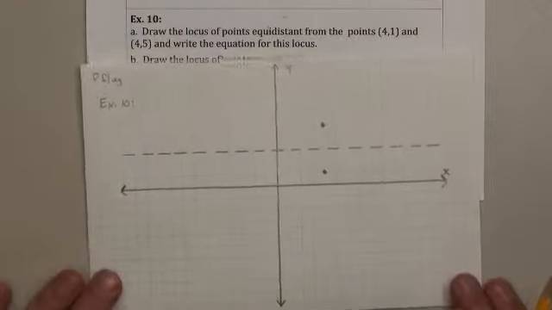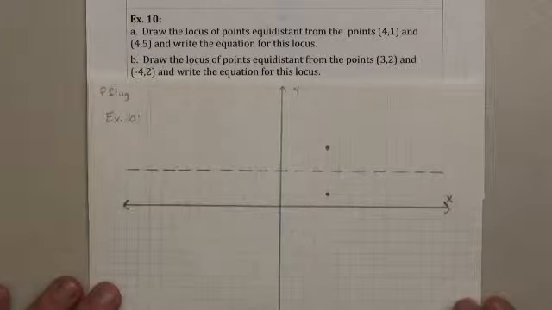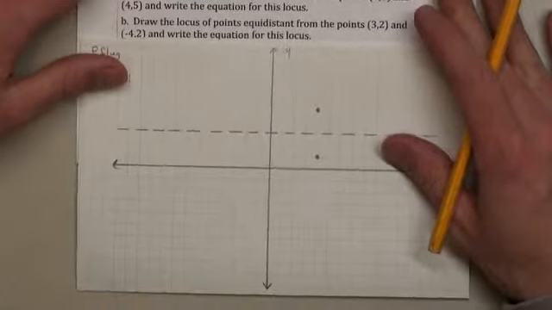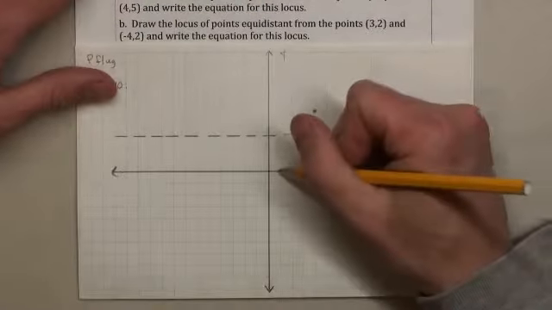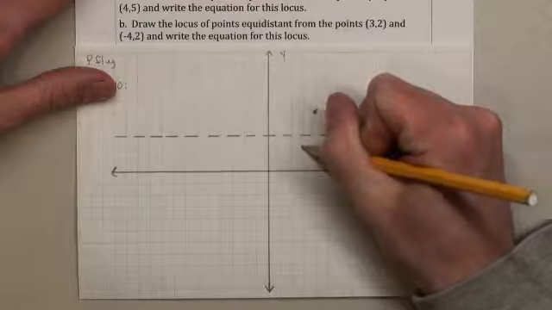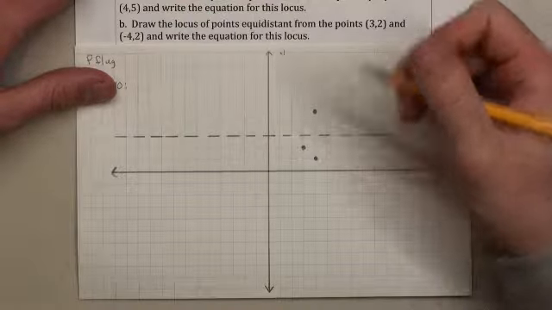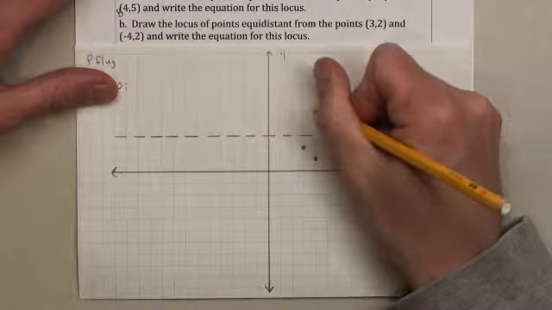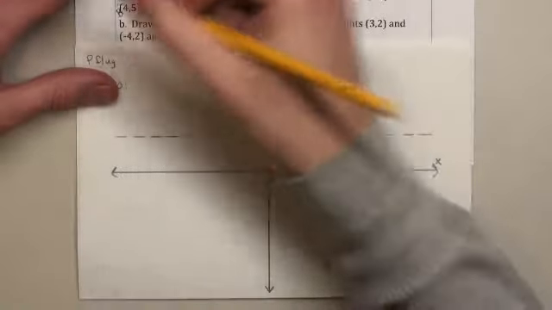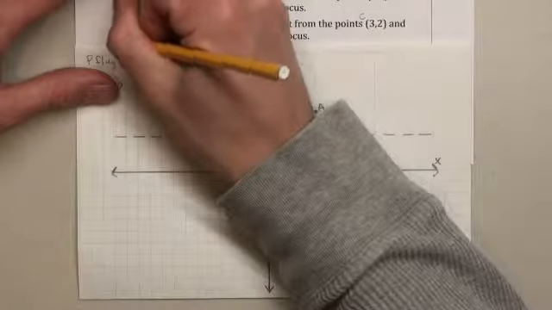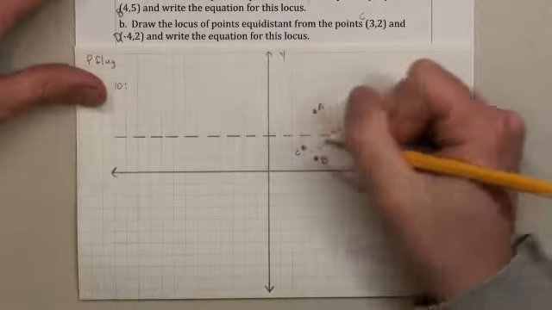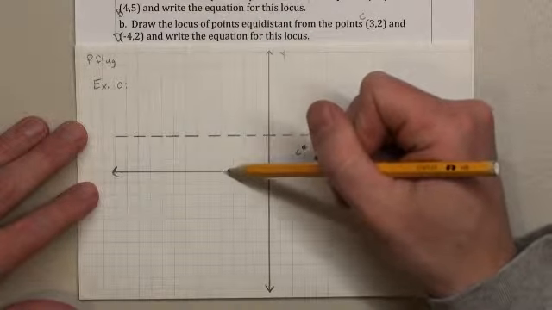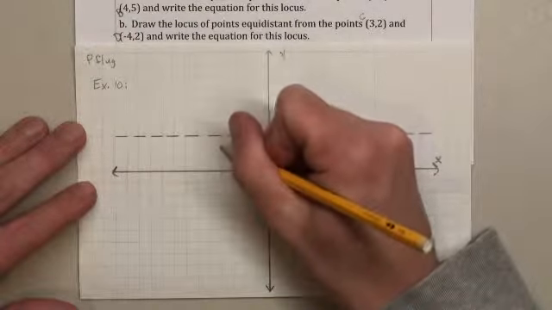So that's A. Let's look at B. Draw the locus of points equidistant from the points 3, 2. So 1, 2, 3, 1, 2. Let's label these so we don't get confused. A and B. So A, B, and now we'll do C and D. So this is C. And D is negative 4, 2, 1, 2.